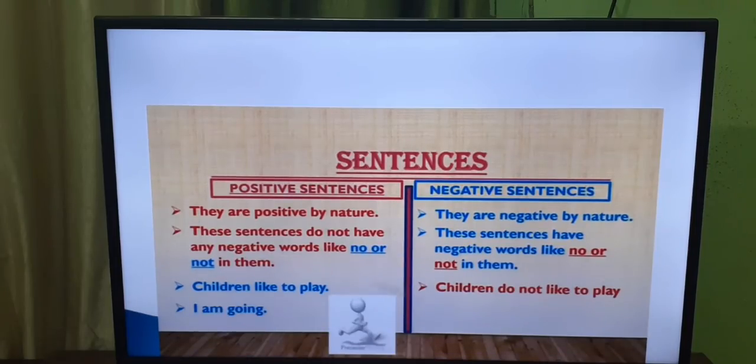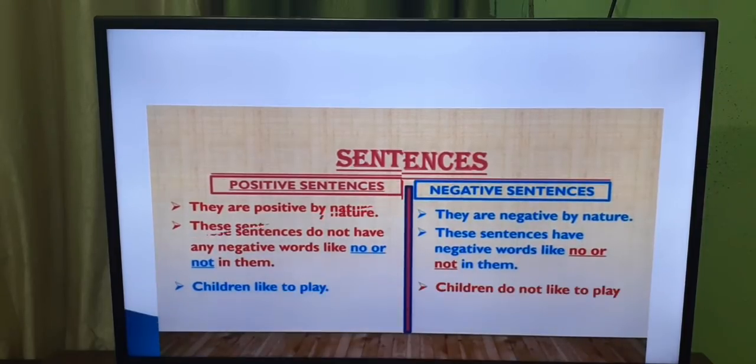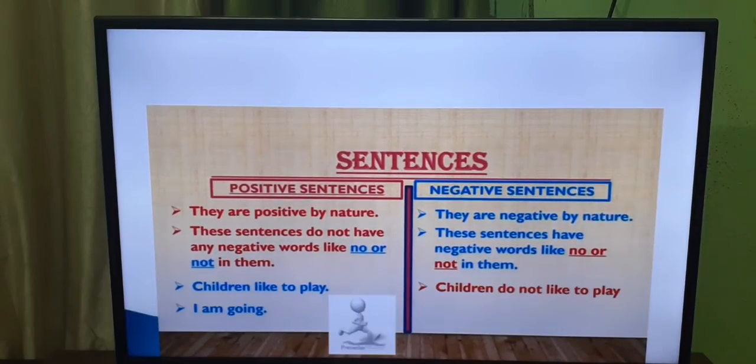Let's take another example. I am going. That's an affirmative sentence. I am not going. This is a negative sentence. The word not has been added here.